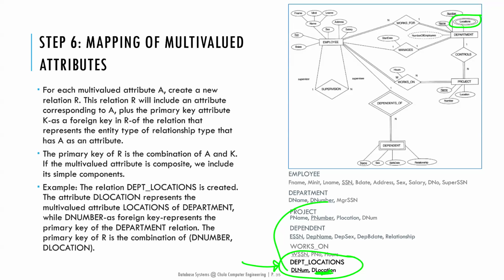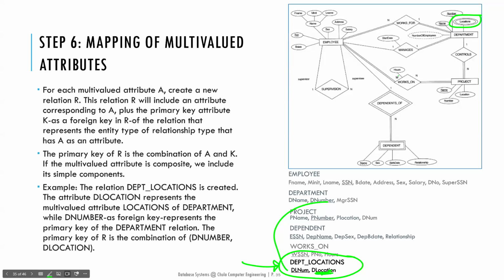So when I create the extra one, I create this department locations here. Once I created it, I have to understand what would be included as entities within that relation. So the first entity would be that location there, and I also have to take the key from that department.